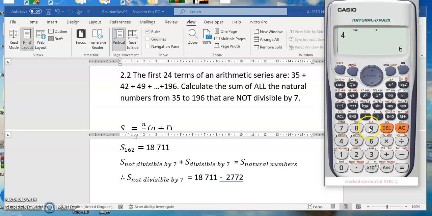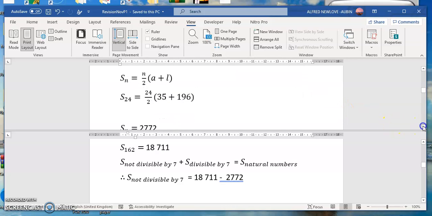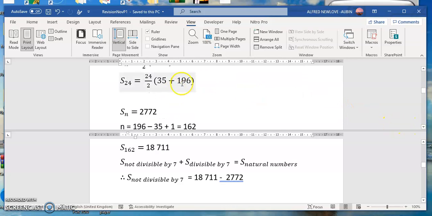Let's check the next one. 49 divided by 7, it's also 7. Alright, so these numbers are all natural numbers that are divisible by 7, and we found the sum of all those numbers using this formula. They were 24.